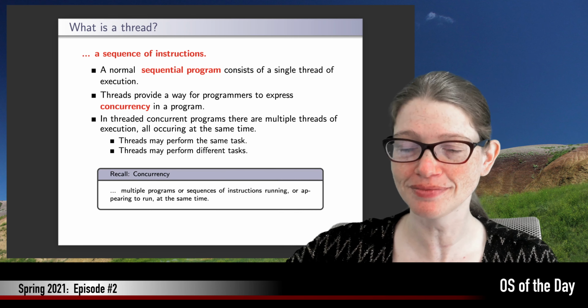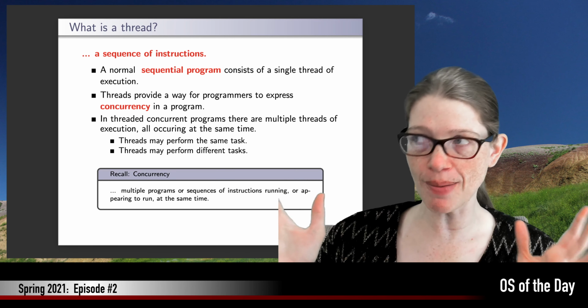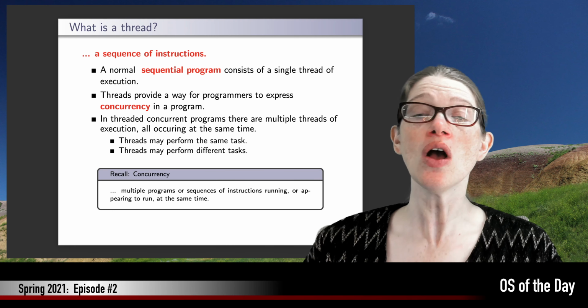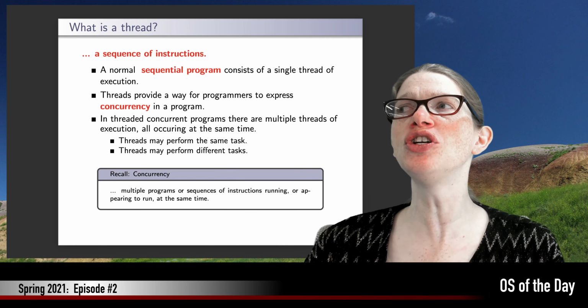All right, so what are threads for then? Every program has to have at least one thread or it can't actually execute instructions. Why then would you want to have multiple threads? Why have concurrency? Why have the ability to have multiple sequences of instructions executing at what appears to be the same time, or is actually physically at the same time?